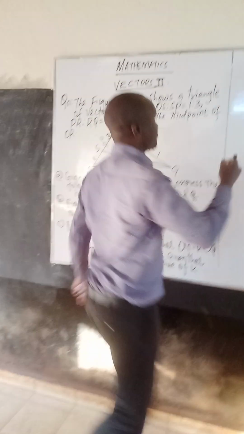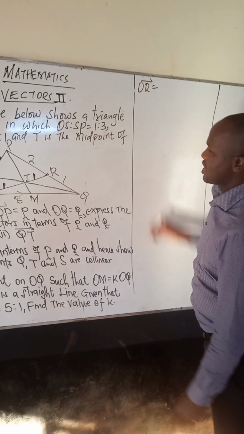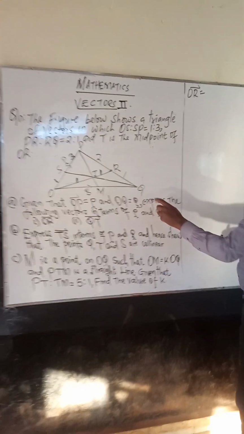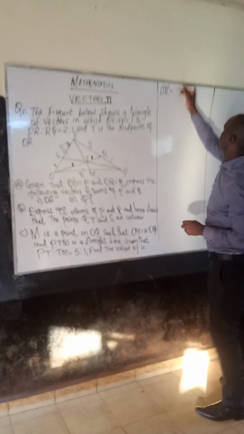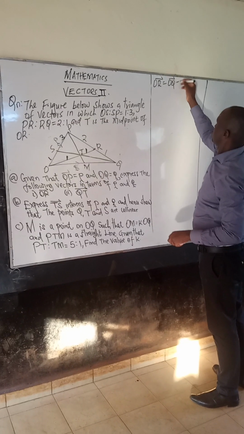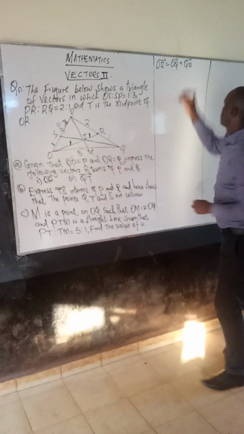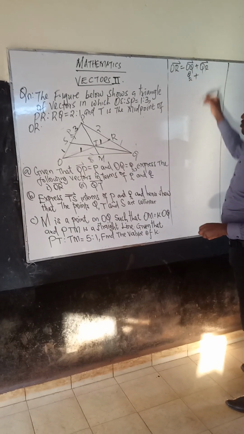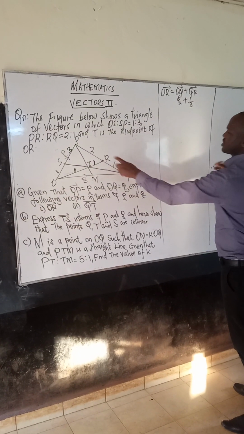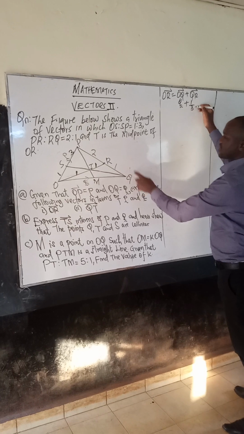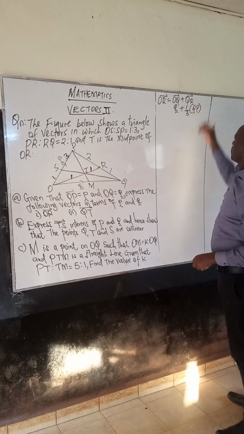Vector OR. O is our starting point, R is our ending point. So OR will be OQ plus QR. Vector OQ is small q. Vector QR is 1 over the total ratio 3 of the whole vector QP. So what is QP?